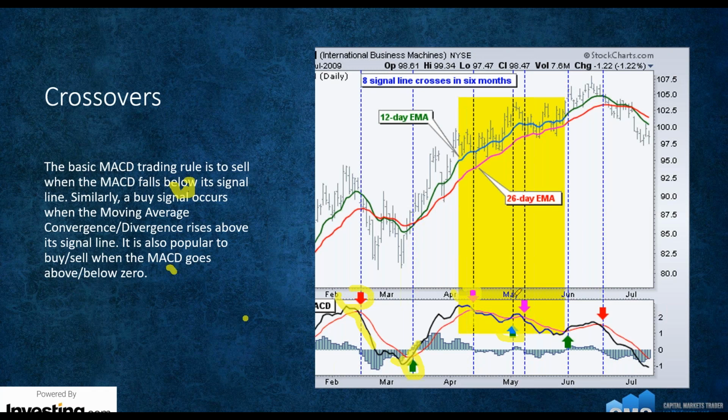So MACD generates a lot of signals, but on its own it will not tell you whether it's a signal worth trading. You have to do this using risk management and other tools, because MACD will give you what we call false signals, which are not incorrect, they just don't last long. They're gone in a matter of a minute, and there was no money you could have made.